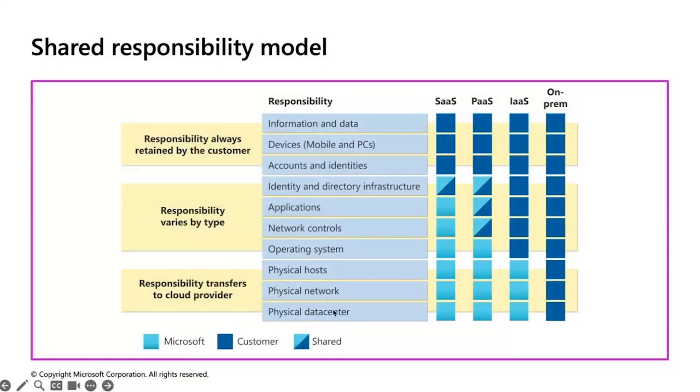So when you are controlling all these things in your on-prem, you will have full control on all these. It means you will be responsible for everything, starting from physical data center to physical network to physical host and many other different options here. You'll have full control.